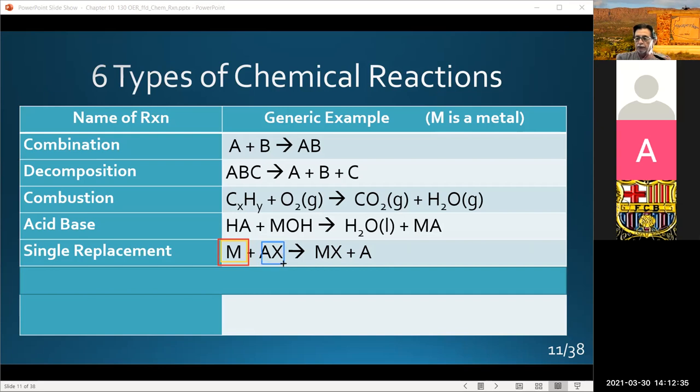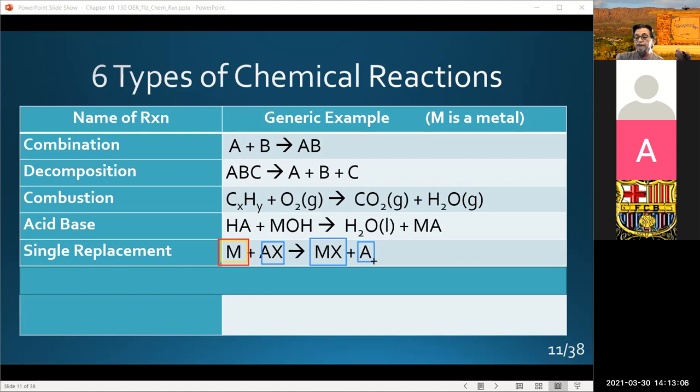That's what the X represents. It could be something like sodium chloride, some ionic compound. Depending on the reactivity series, the two metals exchange places. So the M is now bonded to the X to give you MX, and the A that was in ionic form is now back to the elemental form A.